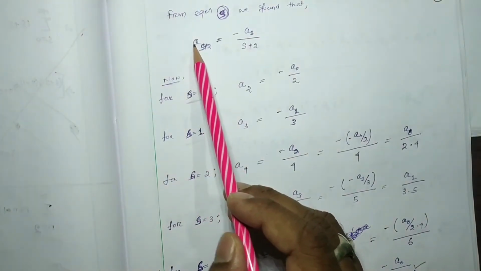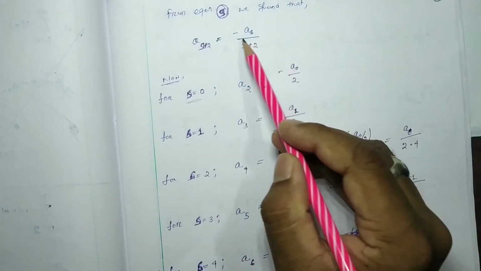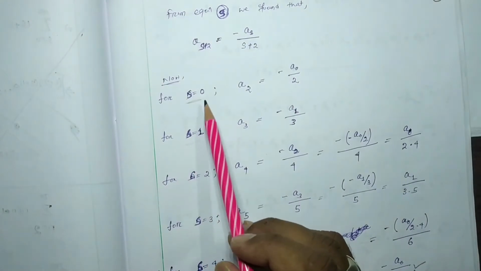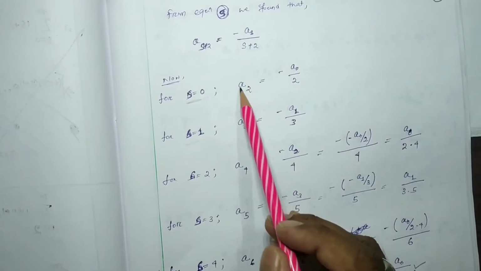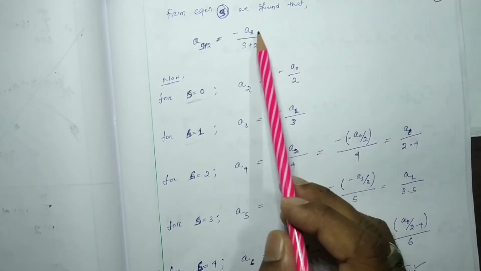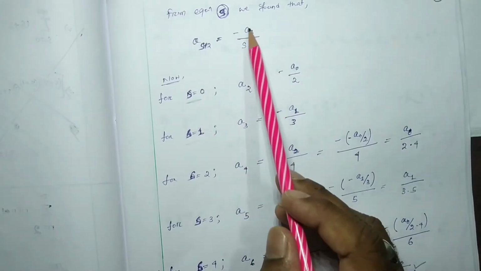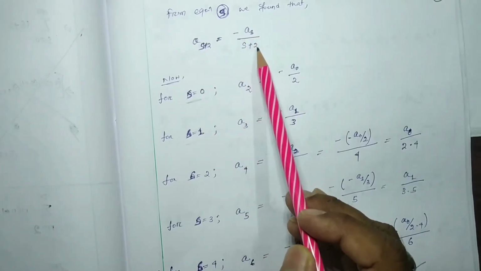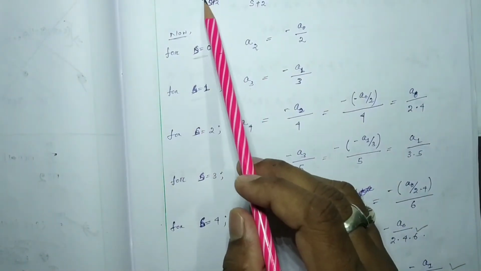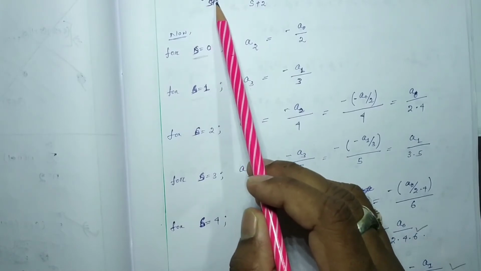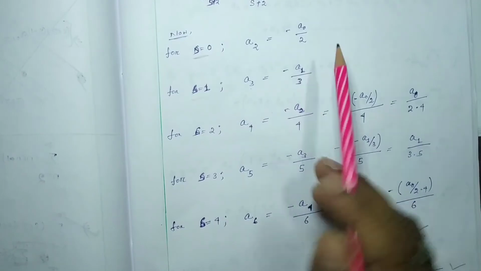Likewise for s equal to 1, a3 is equal to minus a1 by 3.